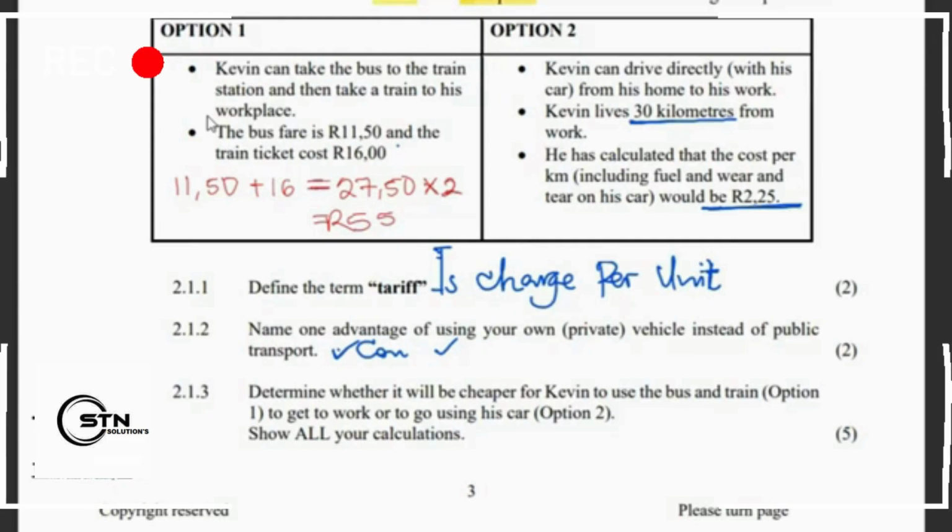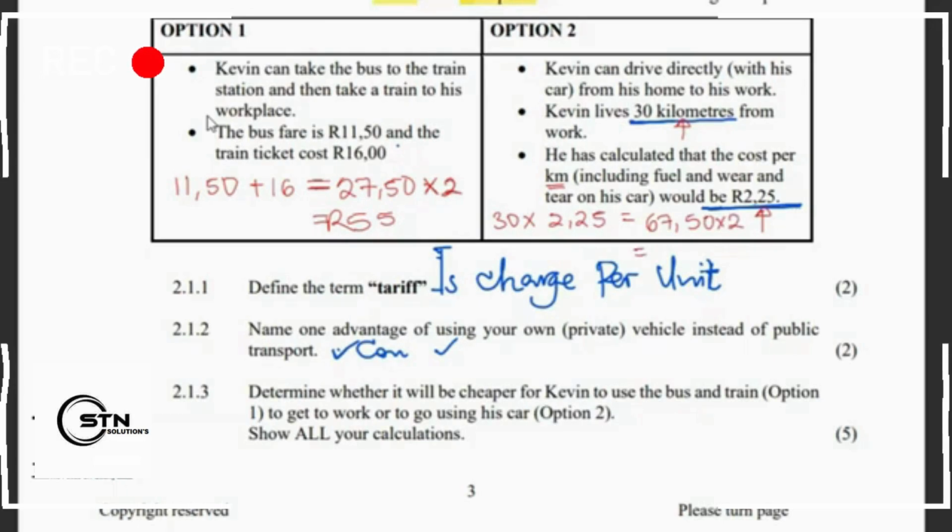Now, option number 2. He looked at the distance covered. He pays this per kilometer. Here it says the cost per kilometer. So simply meaning it's 30 times 2.25. You have the answer as 67 rands 50 cents, times 2.